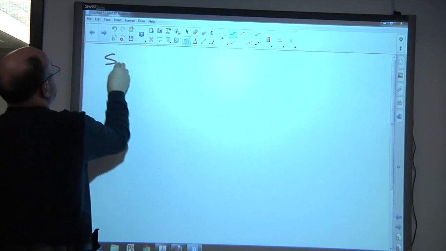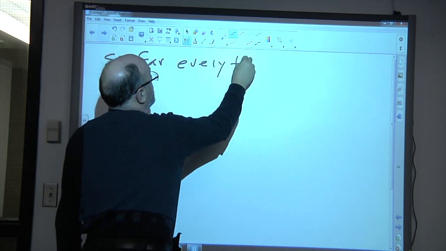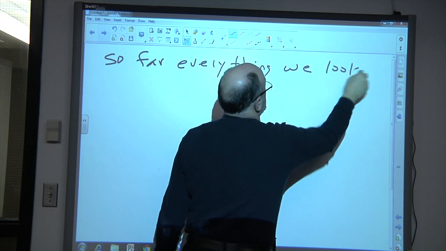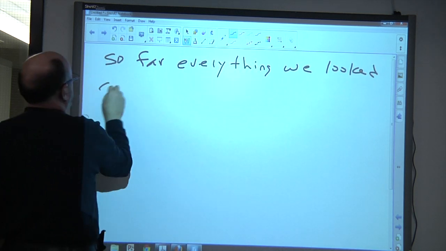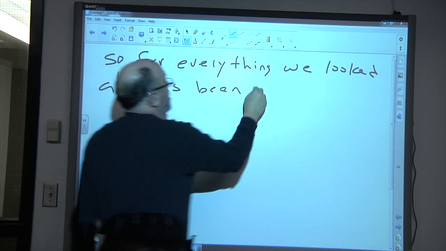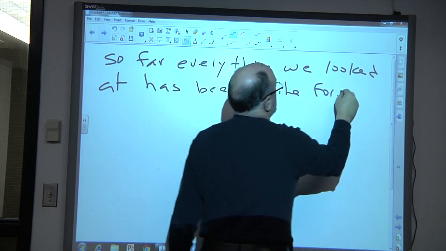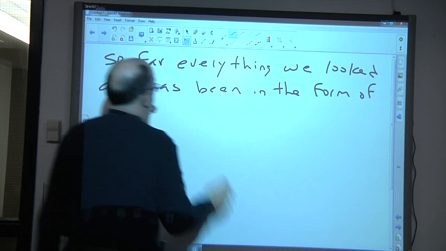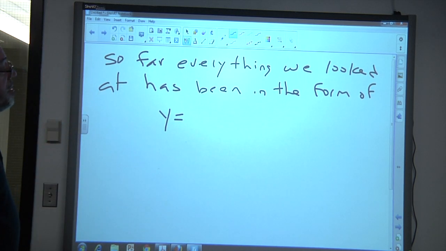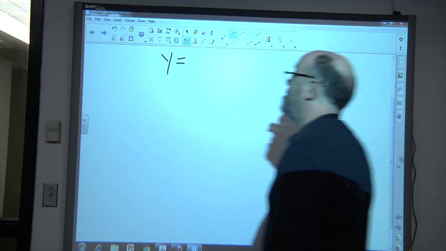And so far, everything we looked at has been in the form of y equals something, whatever that is. Okay? But what happens if we wanted to find a derivative like this?